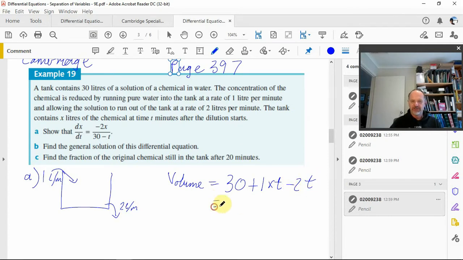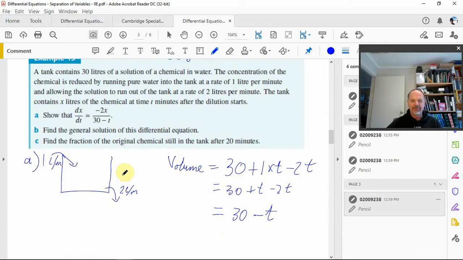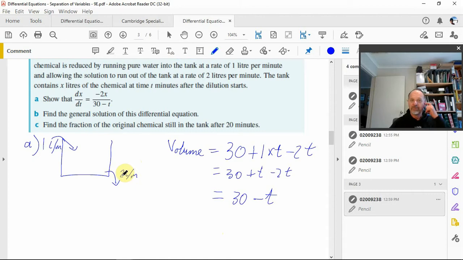So 2t. So we've got 30 plus t minus 2t. So overall that's 30 minus t. So we know how much water we've got in there at any particular time.